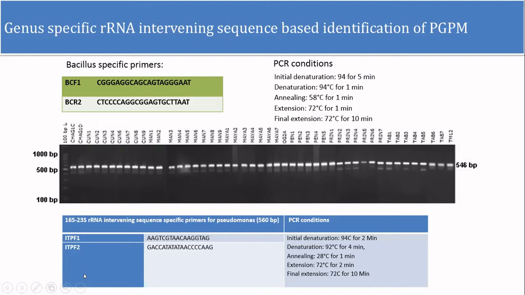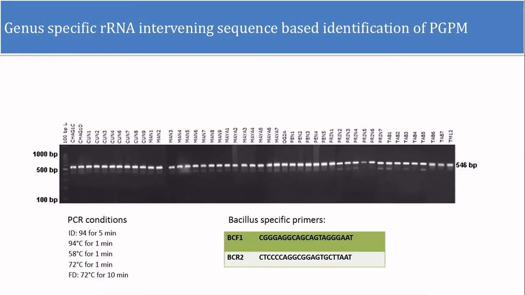And here what we have done is we have used the Bacillus specific primers, and while we used that, we amplified 546 base pairs of the strains. Out of 100 rhizobacteria strains that we have isolated, we found that 47 strains belong to Bacillus species. Similarly here, I have given the primers that could be used for the amplification of Pseudomonas fluorescens specific species.